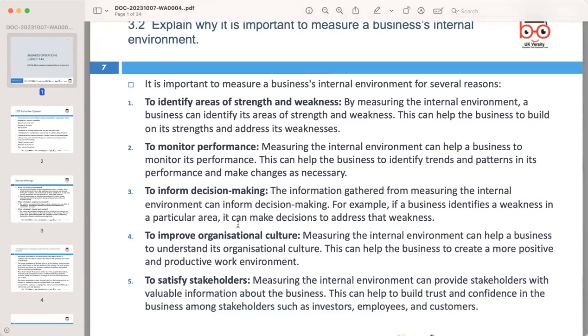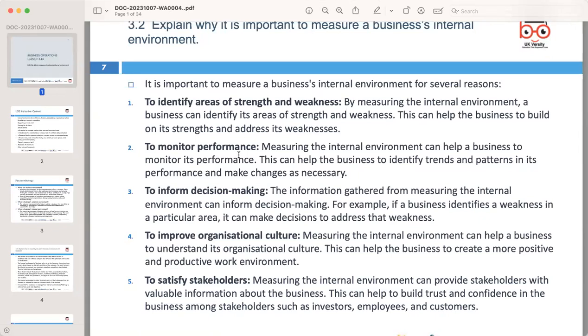First, identify areas of strengths and weaknesses. It helps identify areas of strengths and weaknesses, enabling the business to improve. Then monitor performance. Measuring allows for monitoring performance trends and making necessary changes. Then informed decision making.